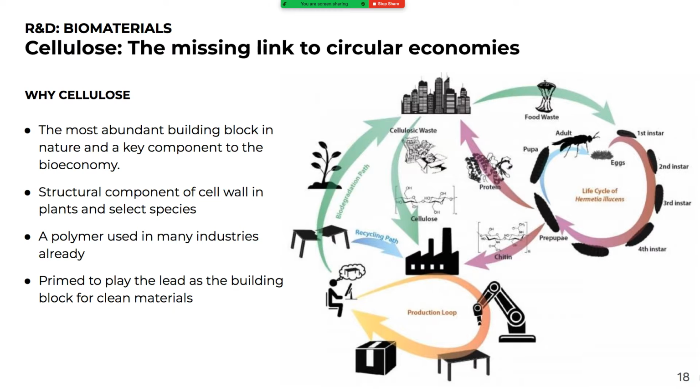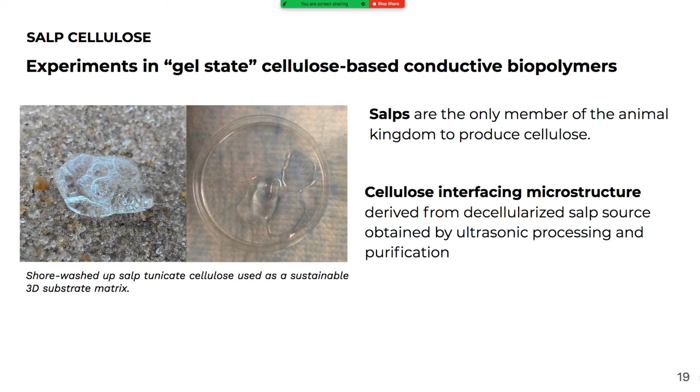It's available in massive amounts in algae and in certain marine or aquatic organisms other than algae, such as salps. They are the only member of the animal kingdom that can actually produce cellulose and are available all across the shorelines.